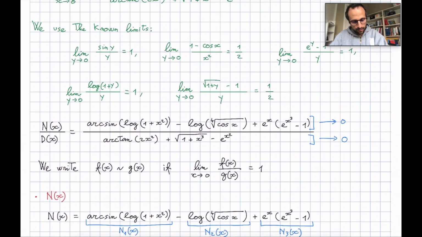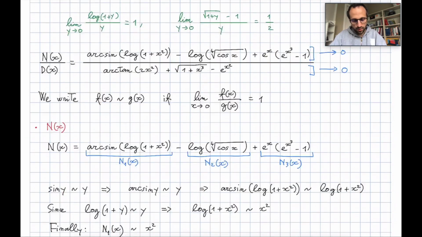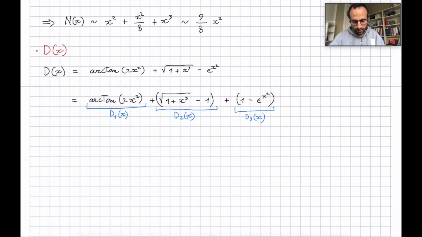So again, in order to deal with the arctan, I'm going to use this limit here. So how do we do it? The arctan seems rather complicated, but it's not. The sine of y is asymptotic to y. This implies that also the tangent of y, which is nothing but the sine of y over the cosine of y, is asymptotic to y over 1, because the cosine of y is asymptotic to 1.